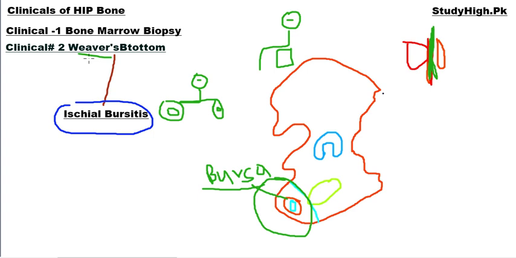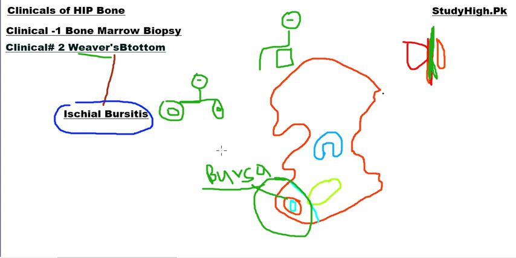It occurs in those patients who sit on hard surfaces for a longer time, or those who are involved in long-range cycling races. And why does this occur? Because of inflammation of the bursa that covers the ischial tuberosity, or that is present between the gluteus maximus and the ischial tuberosity.